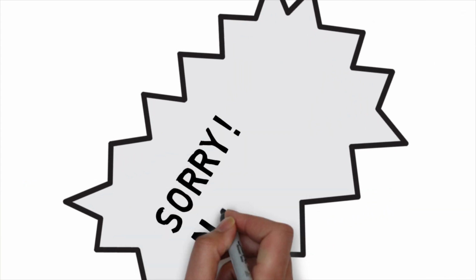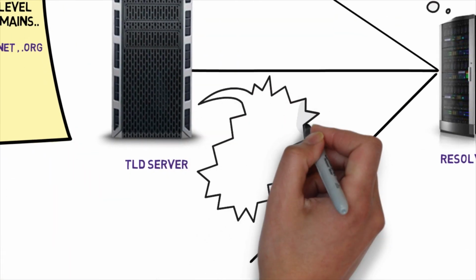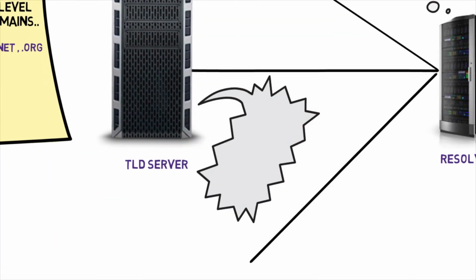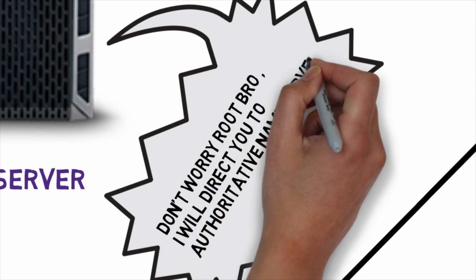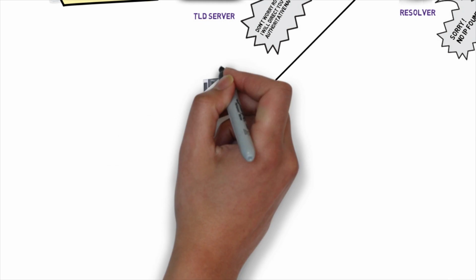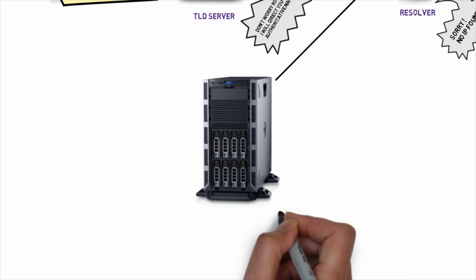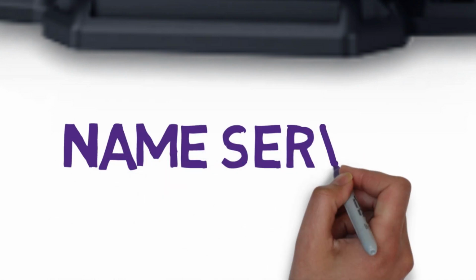Sorry, no IP found. TLD will not be aware about IP address for facebook.com. So, TLD will direct the resolver to the next and the final level, which is nothing but authoritative name server.